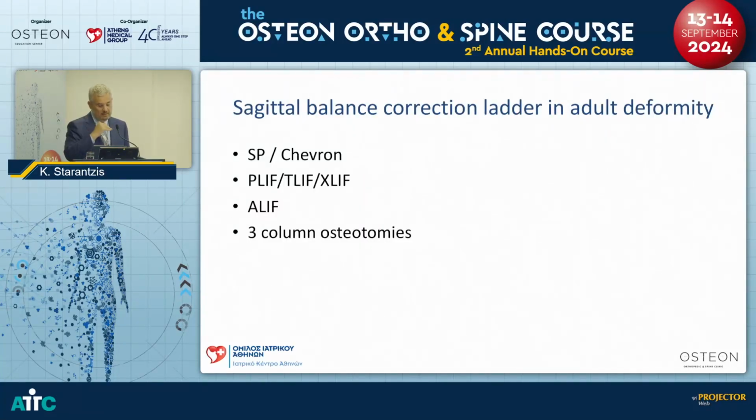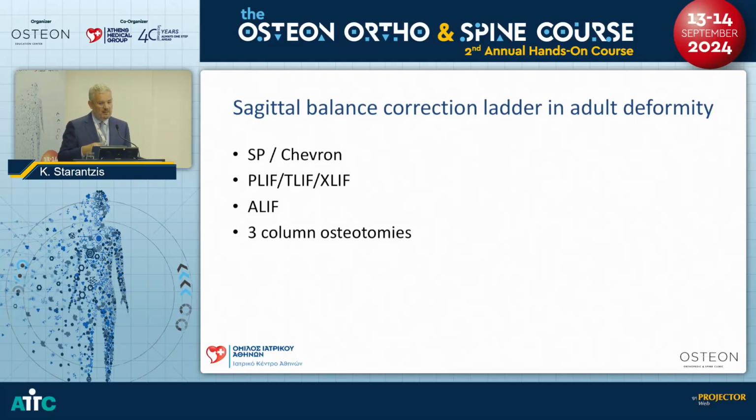So in my mind, Ibrahim will talk about this, the ladder in deformity surgery, the aggressiveness of the surgery goes up like this. You have the class 1 and 2 osteotomies, SPs and chevrons. And then you do PLIFs, TLIFs, XLIFs.